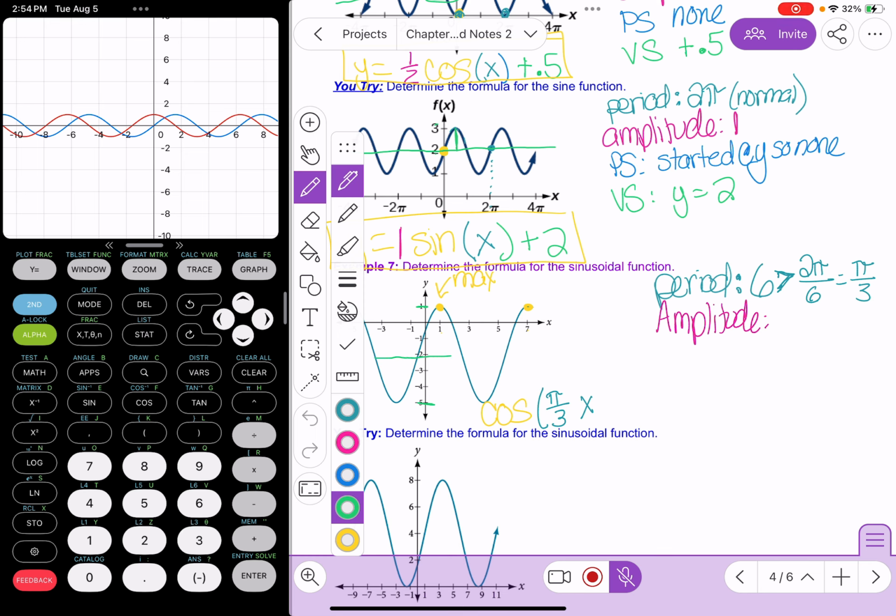So there's our middle. So our amplitude is 3. So we stick a 3 in front. Because cosine goes max to max, it's positive. If that had been a minimum, we just would have put a negative in front because we went min to min instead.